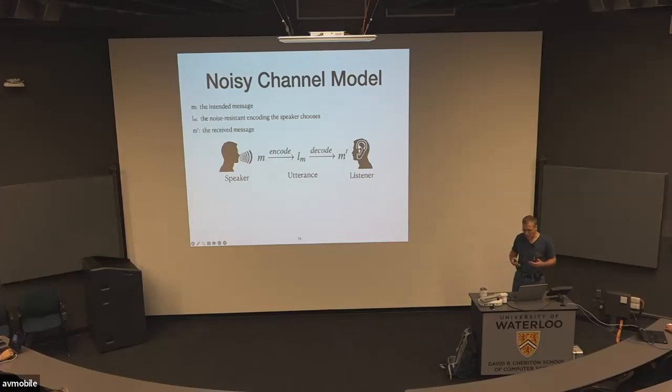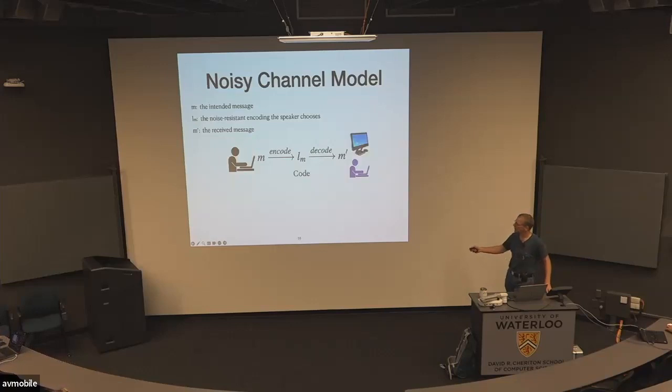So to understand where these interactions are arising, we turn to Shannon's noisy channel model in psycholinguistics. So here we have a speaker. The speaker's goal is to communicate a message across a noisy channel to a listener. And so their goal is to find an encoding that maximizes the chance that the listener gets the intended message. And in our setting, the speaker is a developer, and there are two listeners because we have two audiences, a machine and a developer at another point in time.